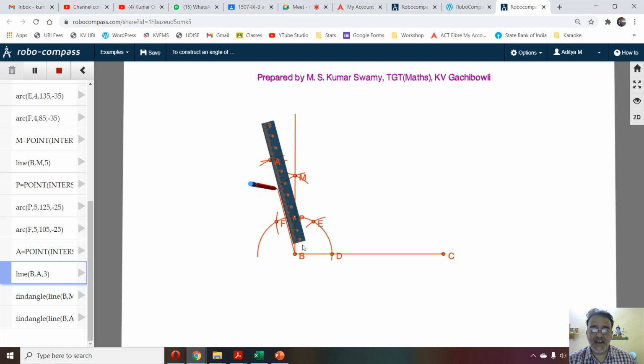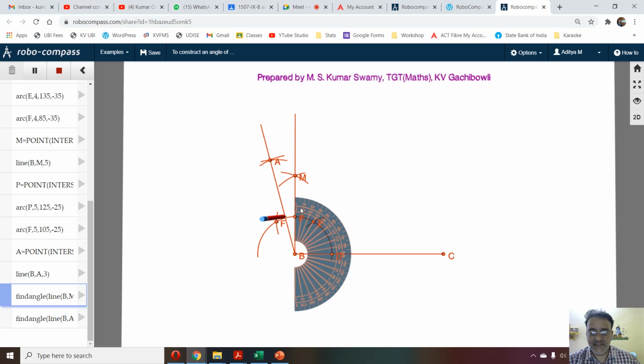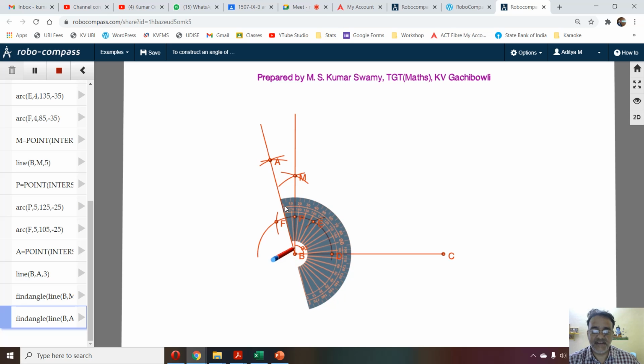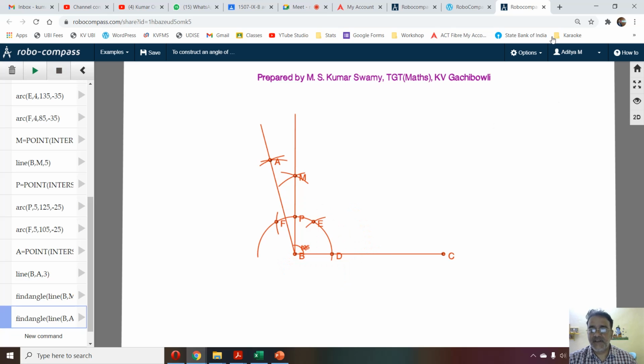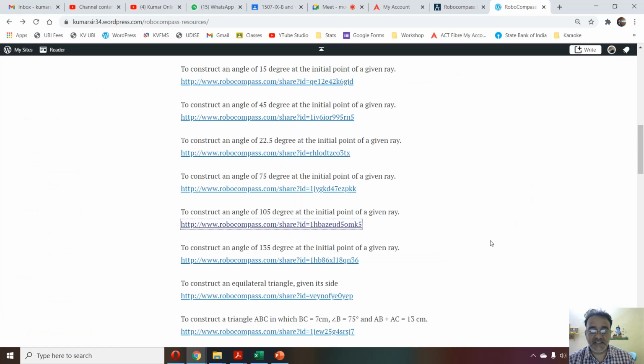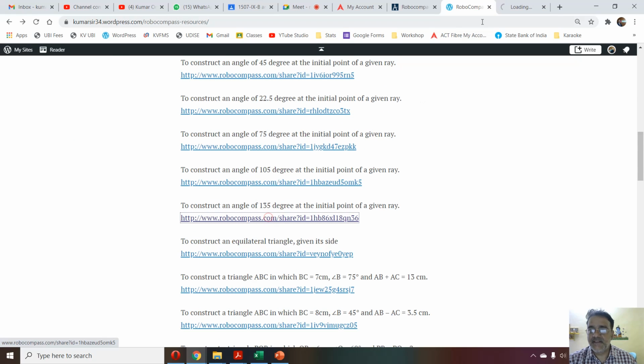So this is 105 degree. Okay, we can measure also. First this one was 90, and now this angle is 105, right? So now we'll do the last one, 135 degree.